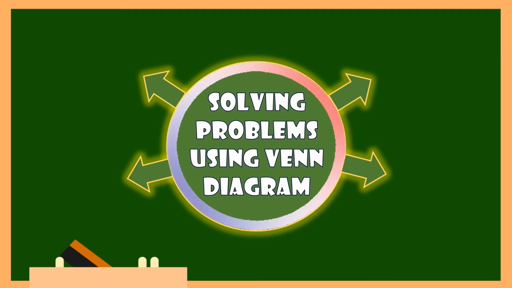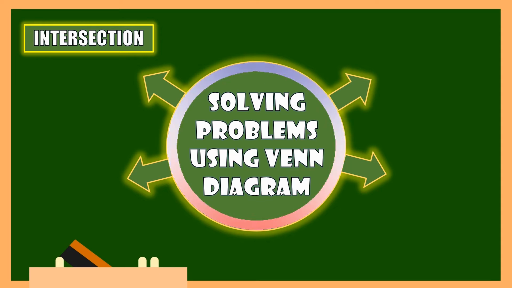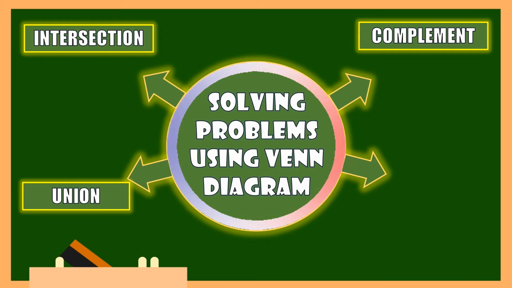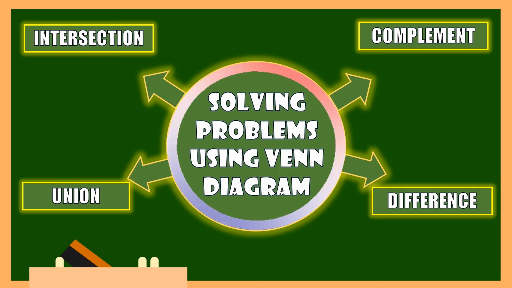In solving word problems using Venn diagram, it is very important to understand the intersection, complement, union, and difference. So, under yung apat na yan, may different key terms tayo na pwede nyong isulat or i-take note para mas mabilis nyong masolve yung mga given problems natin mamaya using Venn diagram.